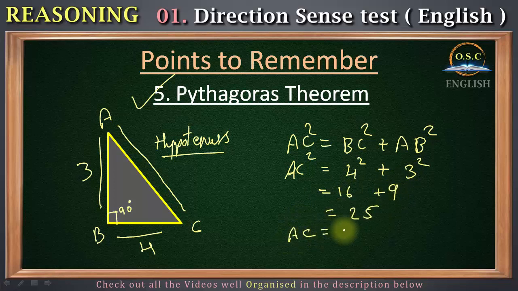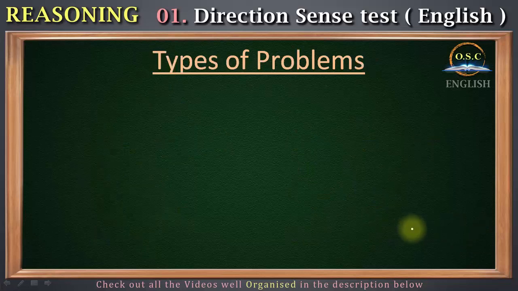So AC is going to be root of 25, that is AC is equal to 5. This is how you need to solve problems on Pythagoras theorem. So that's about the most important problems to remember.